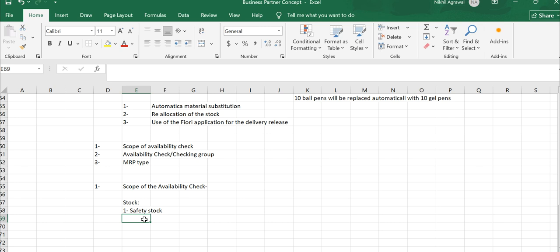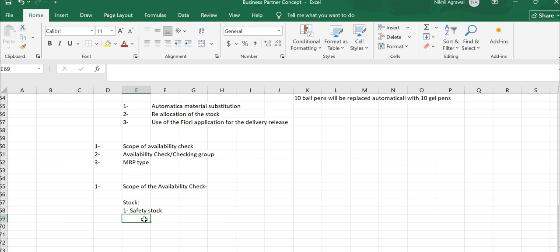As soon as the inventory goes down to the safety stock, and based on the configuration, the system triggers the notification that inventory has reached the safety stock and stock has to be further added.